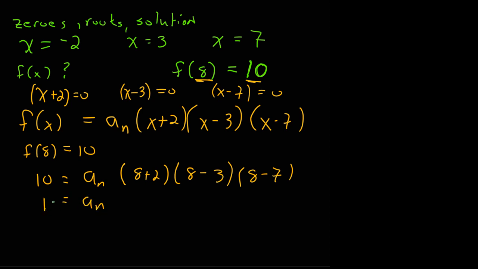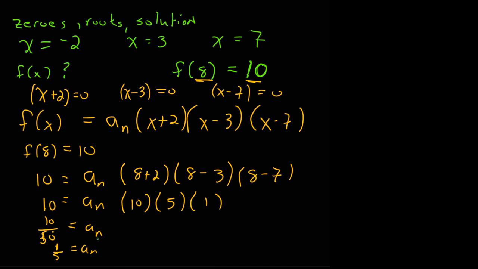So my a sub n is going to equal 10 over 5 times 1 times 10, or a sub n is going to equal 10 over 50, or 1/5. All right, so there's a little bit of work there, but we got this.